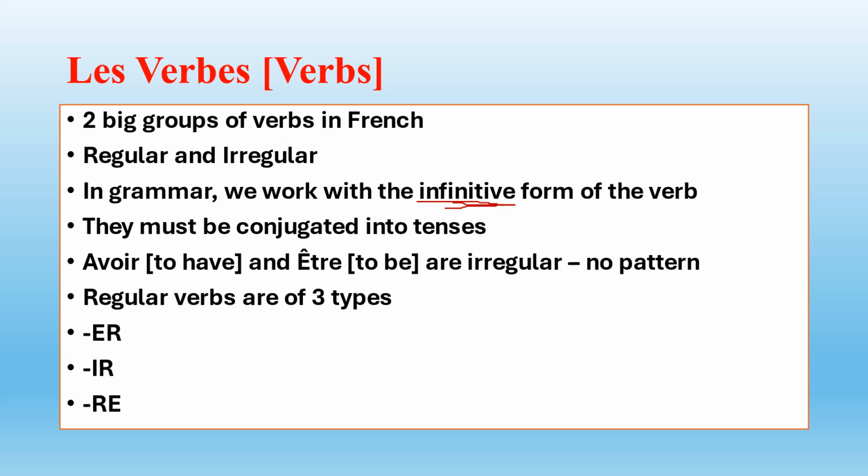So finally, all verbs have 3 groups or forms. Let's call it forms. The er form, the ir form, the re form. Now these verbs are divided into 2 huge groups. Regular, where you use the form and you have a pattern, or irregular, which are weird, they're rebels, remember, you have to memorize them. Alright?